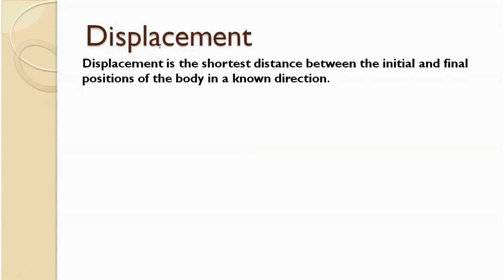Now let's come to the displacement. Displacement is the shortest distance between the initial and final position of the body, in a known direction. So it also has direction in it, which means it is a vector quantity.